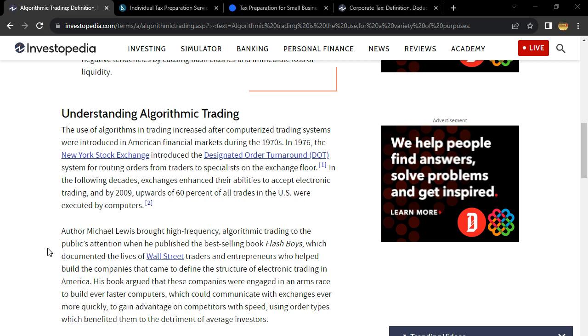His book argued that these companies were engaged in an arms race to build ever faster computers which could communicate with exchanges ever more quickly to gain advantage on competitors with speed, using order types which benefited them to the detriment of average investors.